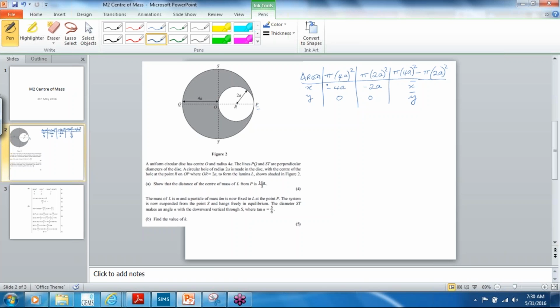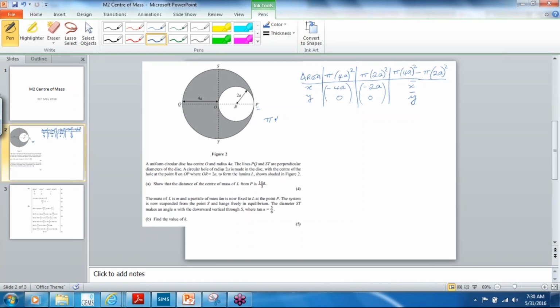All right, so let's multiply our area times our position, and subtract, because this area is missing, the area times that location of the centre of mass. And that should equal the total area times the average x and average y. So let's do that.